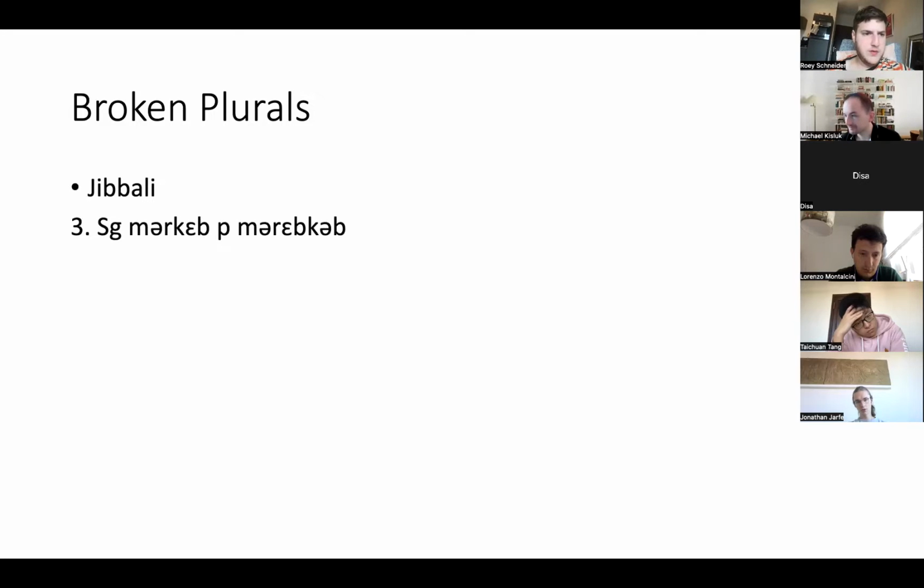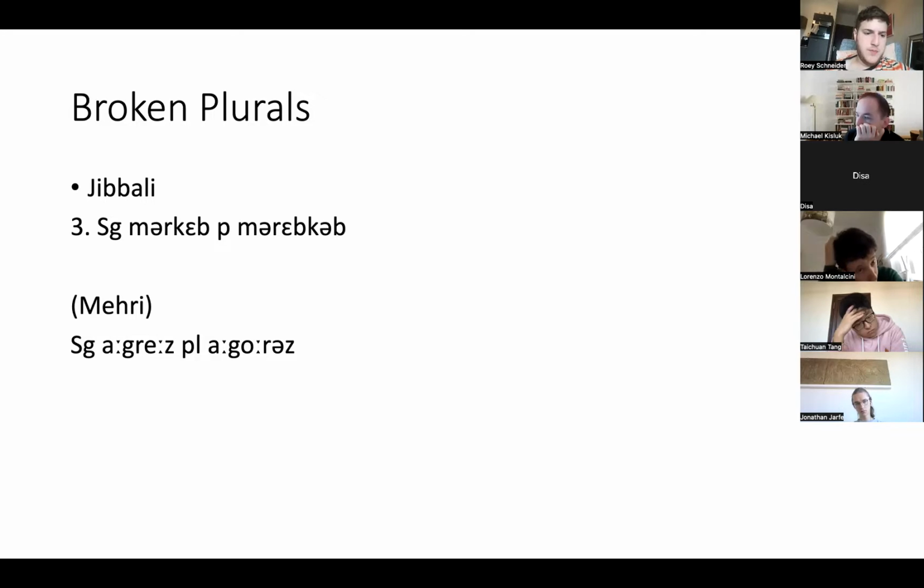And from the third, we don't have a lot. For example, in Jibali, merkab, meribkab. So the waw turns into B in Jibali in some environments. So this should have been meraukab. Or in Mehri, agrez, agores. Masmer, masaumer. Yeah.